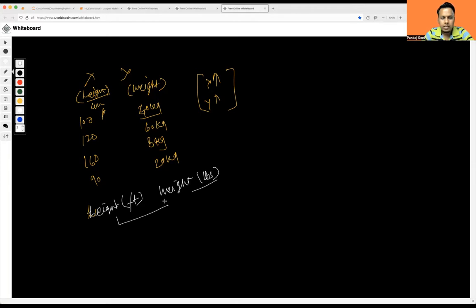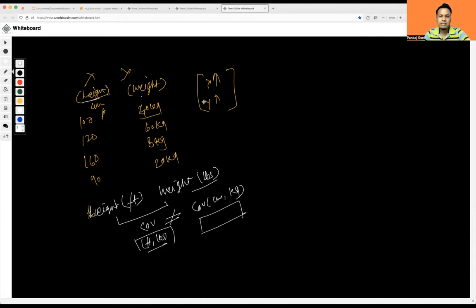Whenever you calculate the covariance of height and weight, it may not be equal to the covariance of height and weight in centimeter and kilogram. This is feet versus lbs, and that is the major drawback of covariance. Basically, if it has positive correlation, when I change the unit it should also have positive correlation, right? But that is not the case. It will not be equal.